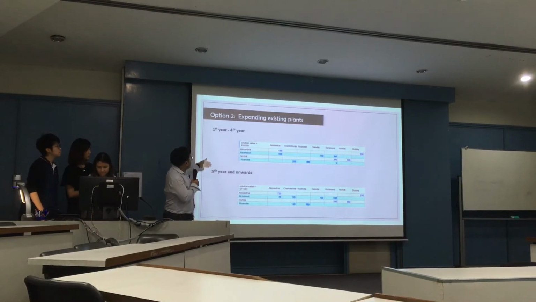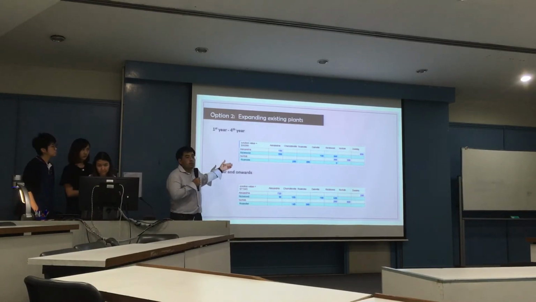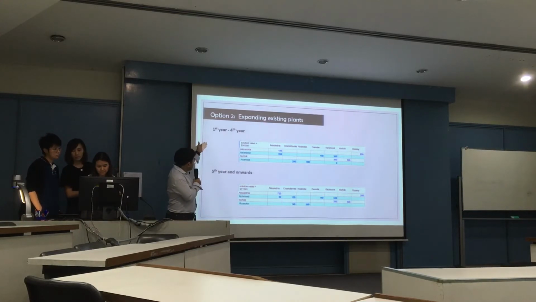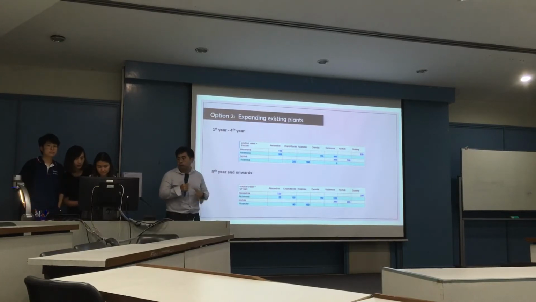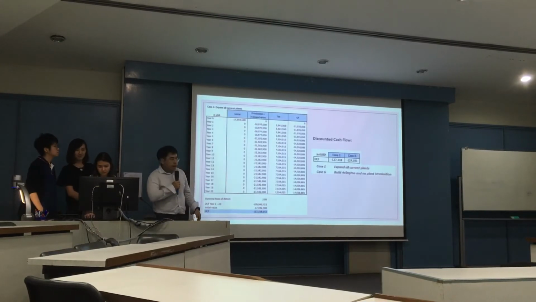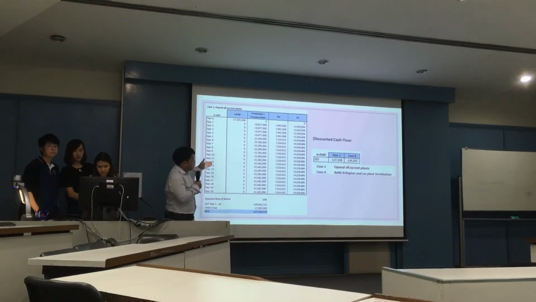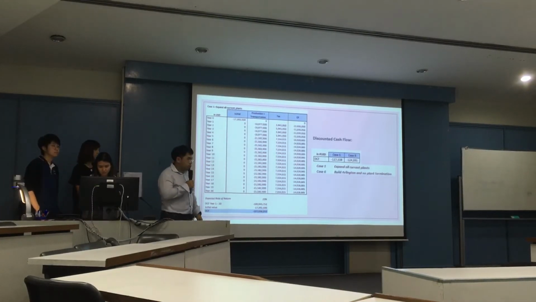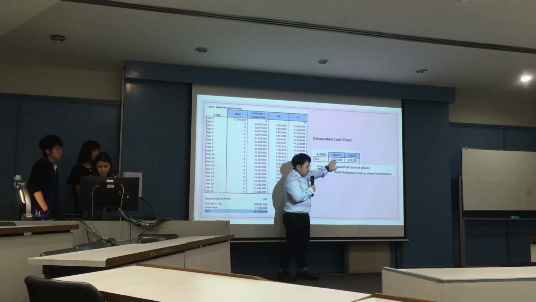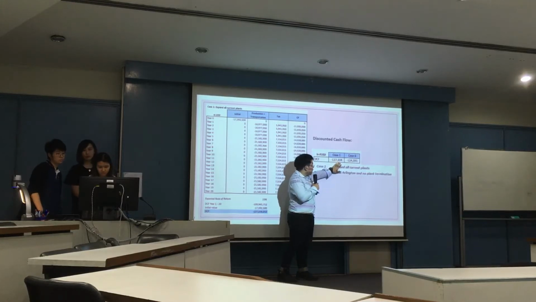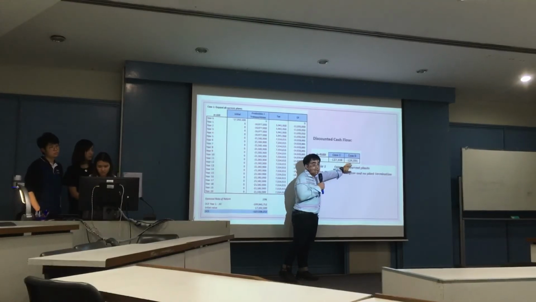Next, option 2 will be expanding the existing plant instead of building a new one. Here is the model that we use on year 0 to year 4, and for the 5th year onwards, there is increasing demand. Same as last time, we use the DCF model to see which one gives us the lowest cost. So in summary, case 1 is expanding the existing plant, and case 6 is adding the Arlington plant.